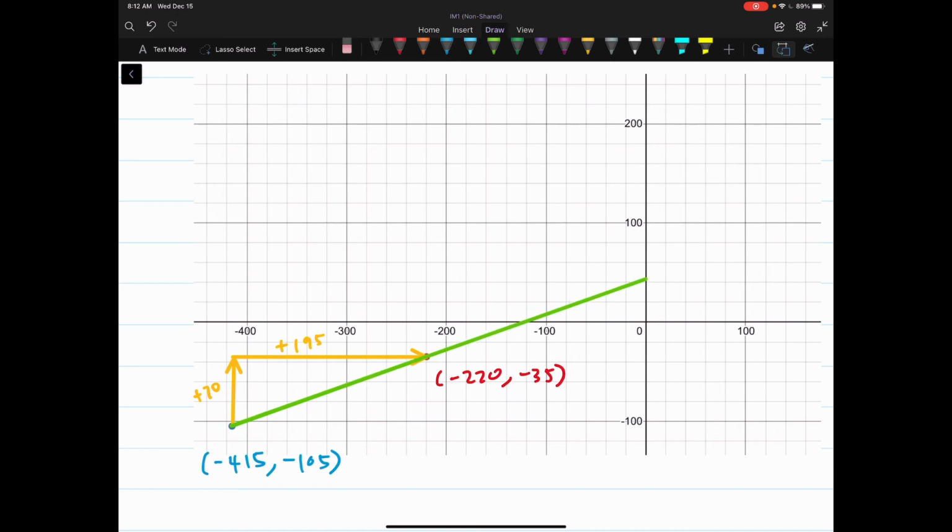And my y-intercept is going to be somewhere right here, but we don't know what that is because it's kind of crazy with the numbers. So let's go ahead and figure this out.